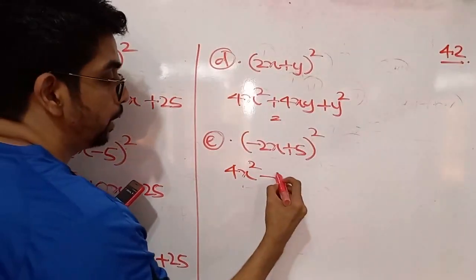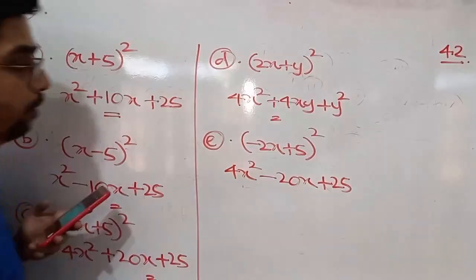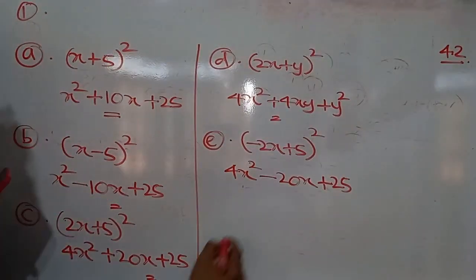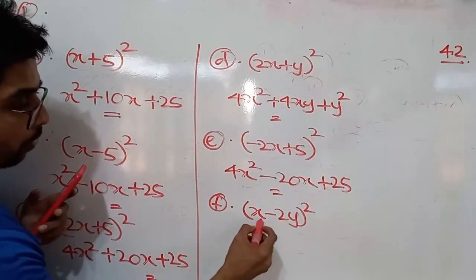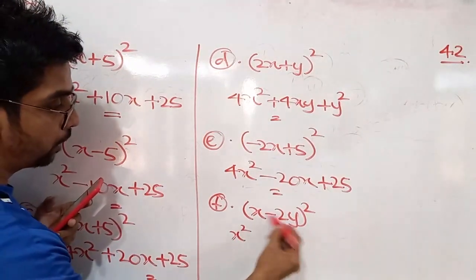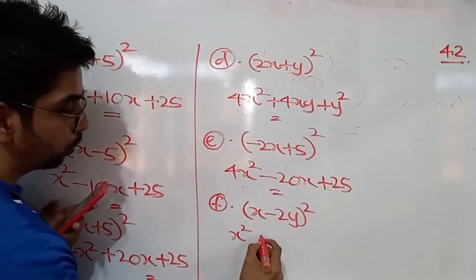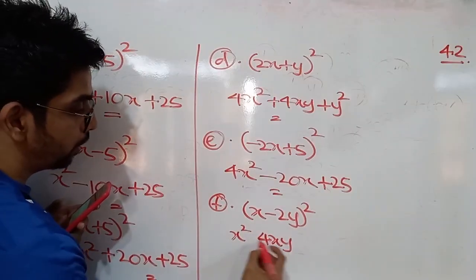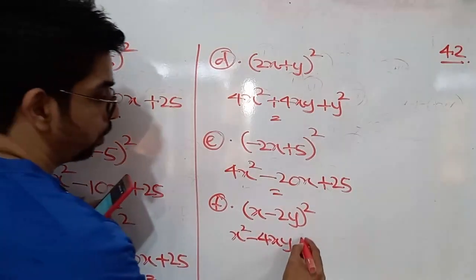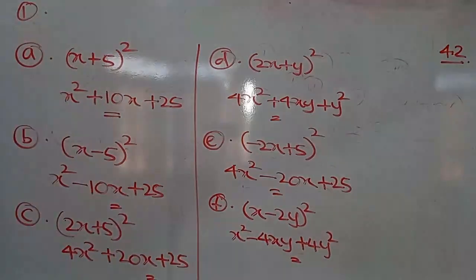So this becomes negative 20x plus 25. So that's the answer. Right. So we have to square the first term, x squared. Then we have to multiply these two. Negative 2xy. Multiply that by 2. 4xy. So that's a negative. Plus 4y squared. So those are the answers.